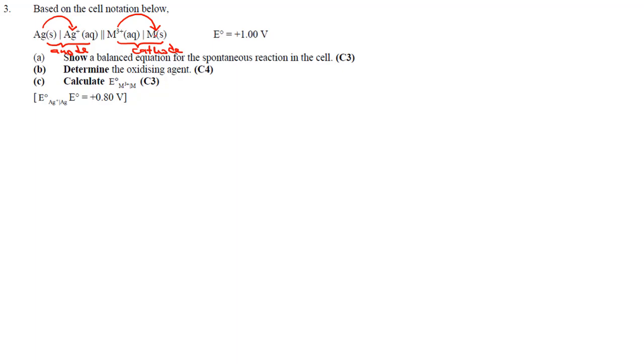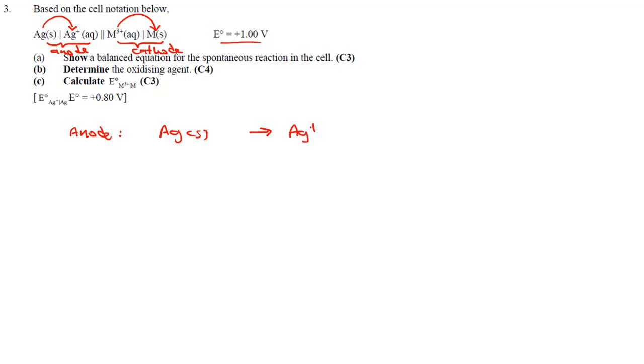Okay, so dia dah bagi E naught value ni. Okay, dia suruh kita first show a balanced equation for the spontaneous reaction in the cell. Okay, so apa yang dia nak actually, okay, for us to give the overall equation tu lah. Okay, so first you must know, okay, at anode, silver oxidize dapat silver ion.